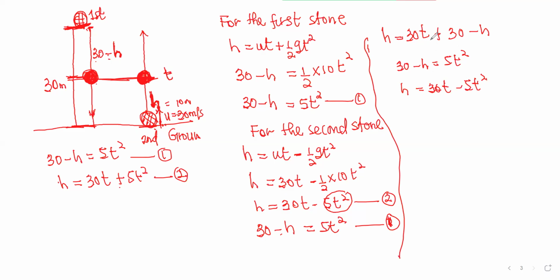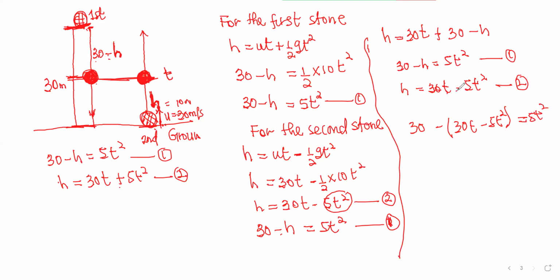So if this is equation 1 and this is equation 2, you can then easily substitute. If you want to substitute equation 2 into equation 1, we have 30 minus 30t minus 5t squared is equal to 5t squared.